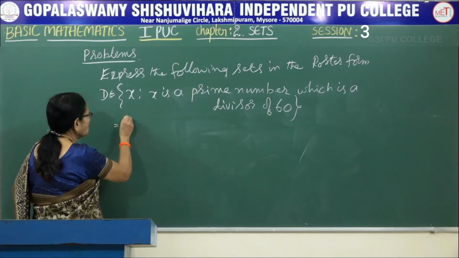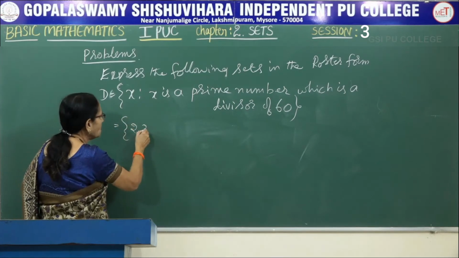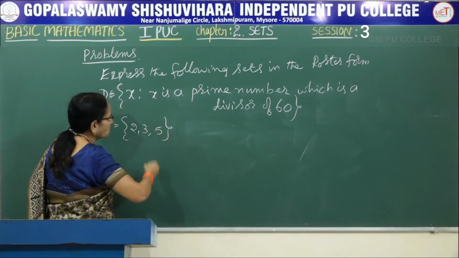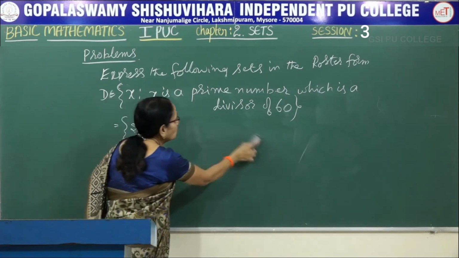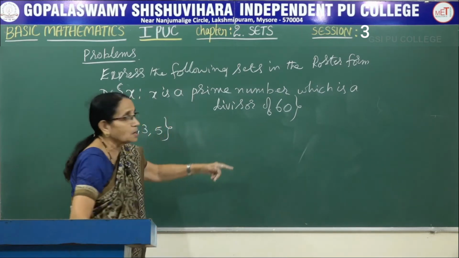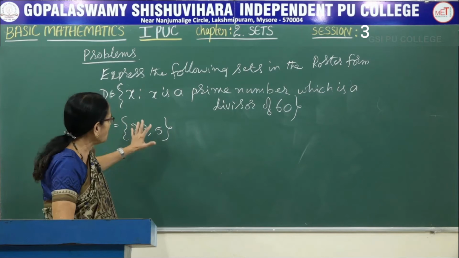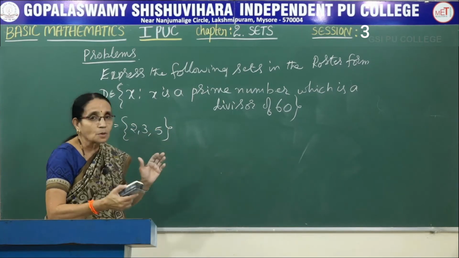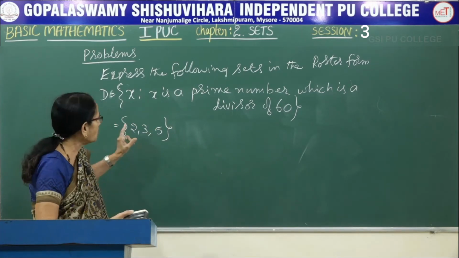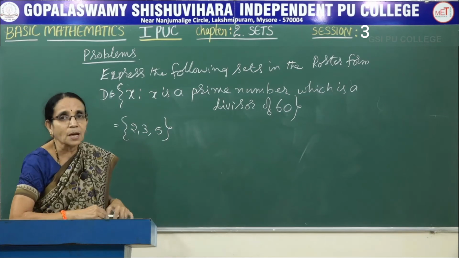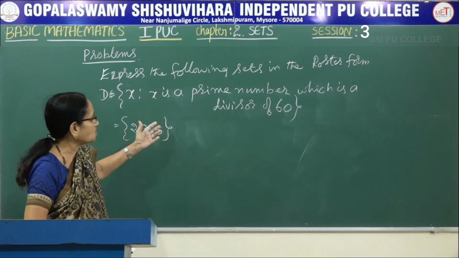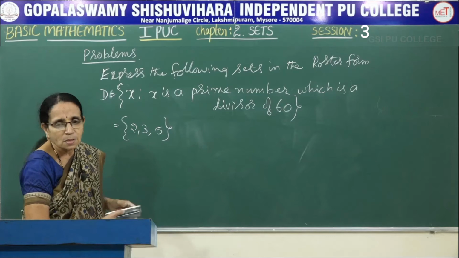Therefore, you can write it as 2, 3, 5. If you get confused, better write all the divisors, and out of the divisors you pick only those which are prime numbers. So that will satisfy the condition here.